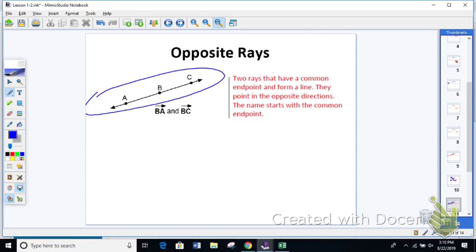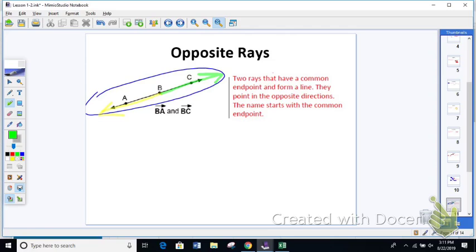And because we're naming rays again, we need to start with that common endpoint. So when I look for rays, I have a ray that starts at B and goes through A. I also have a ray that starts at B and goes through C. So those are my two opposite rays.